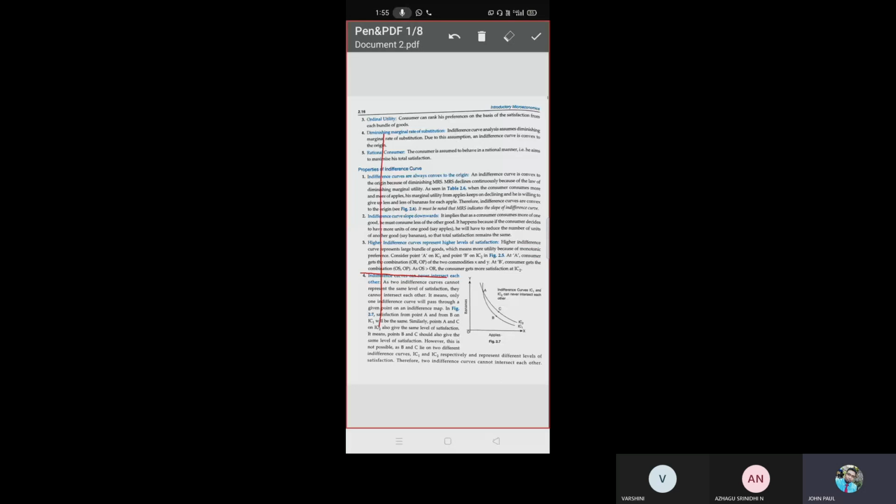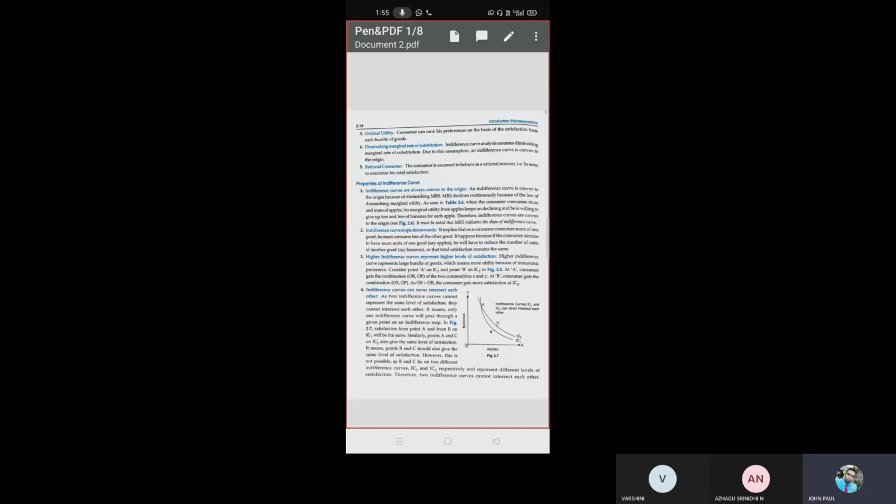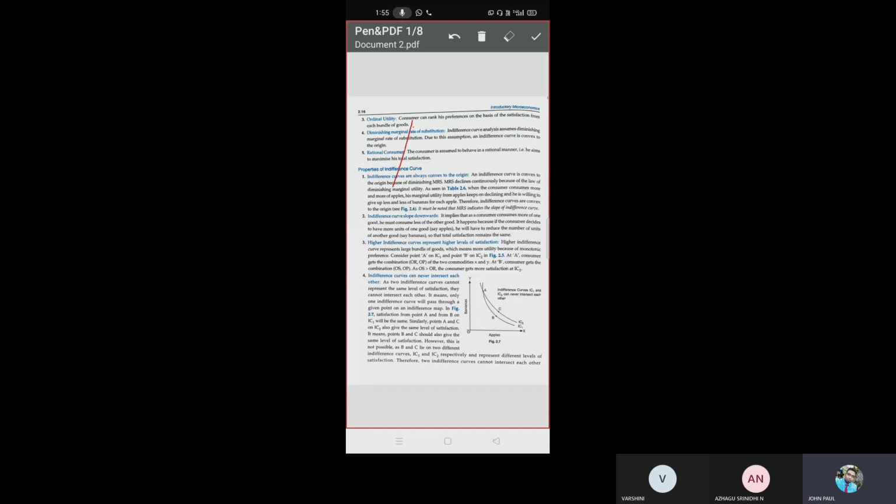You can see there are a lot of combinations. Among the various combinations, we choose the one that gives the maximum satisfaction. But what do bundles mean? Each bundle carries different fruits, apples, bananas.